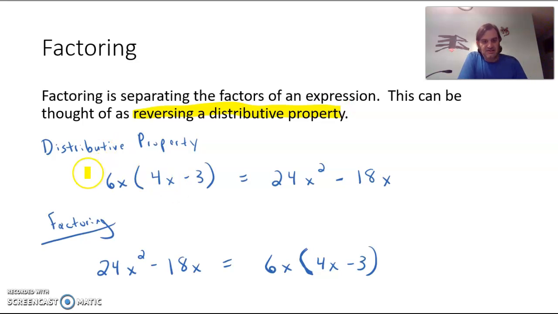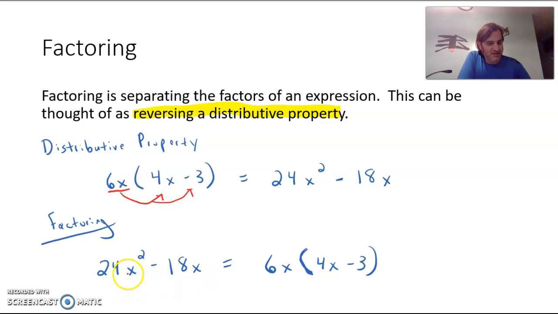So here's the example I've got. If we talked about the distributive property of 6x times the quantity of 4x minus 3, we would get 24x squared minus 18x. And because that's what we got, when we go to look at factoring, we see that 24x squared minus 18x has a common factor.